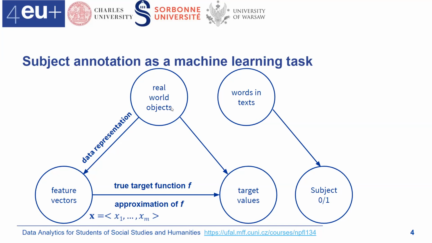So in our task, we work with words in text. Then to process them automatically, we have to represent them somehow. In other words, we use some properties, features, attributes to describe real-world objects. And then we represent objects using feature vectors.